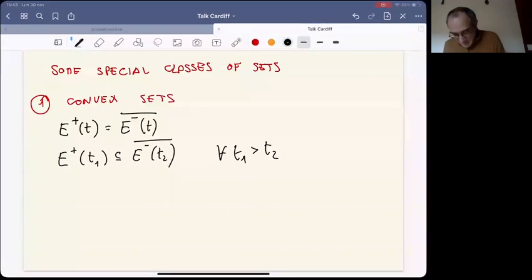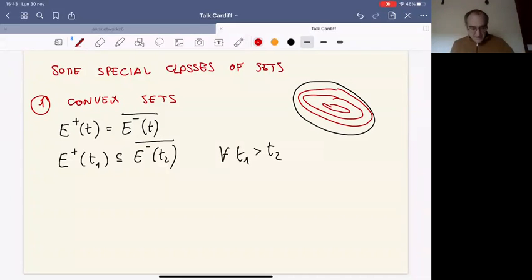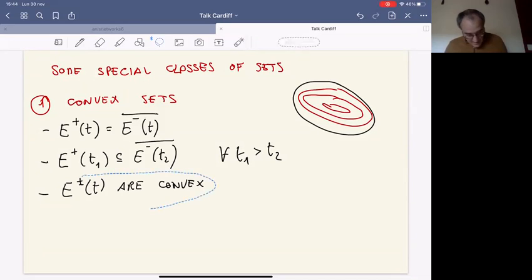So what's happening is that if I have an original convex set, then I have my evolutions, which are one inside the other. E plus and E minus are the same, and they are one inside the other. And also, what is interesting is that E plus and E minus of t are convex.